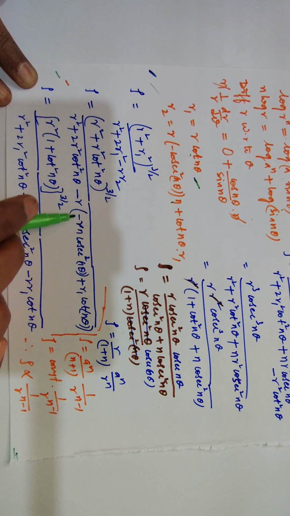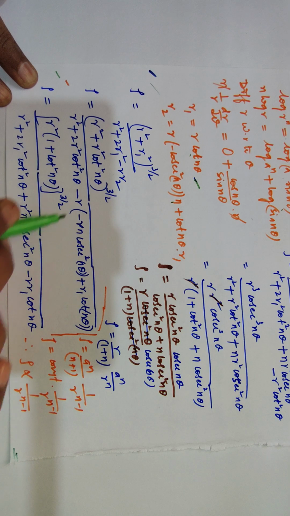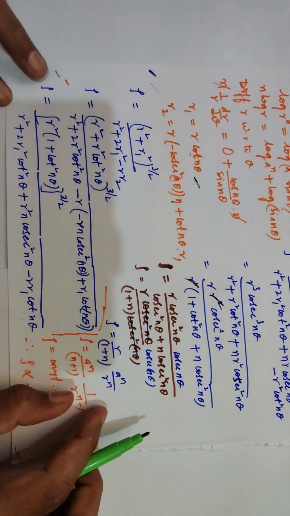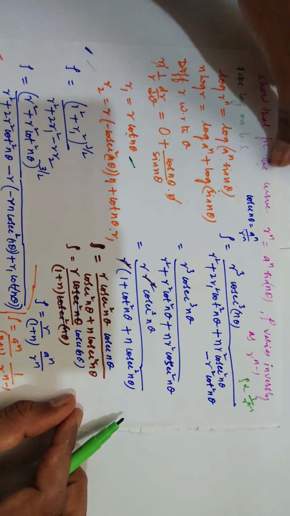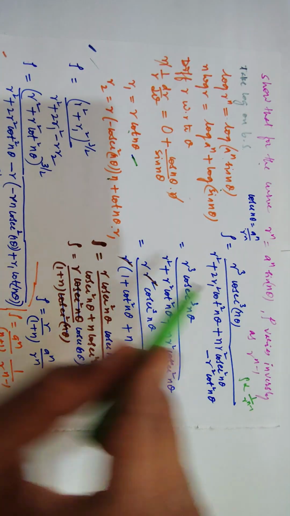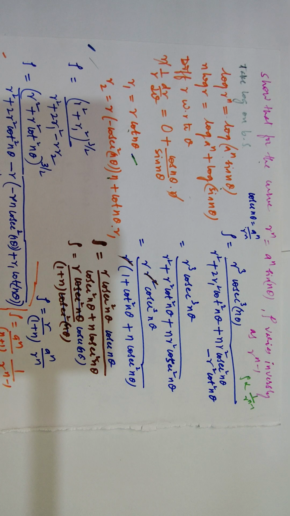Minus minus plus, r into r is r² n, or n r² cosecant square nθ, minus plus minus r into r1 is r1 cot nθ. Next, look at what I am doing: this is (r²) whole raised to 3/2. Because these are the product of two terms, (r²)^(3/2) has 2 and 1 by 2 cancelled, and you will get only r³.